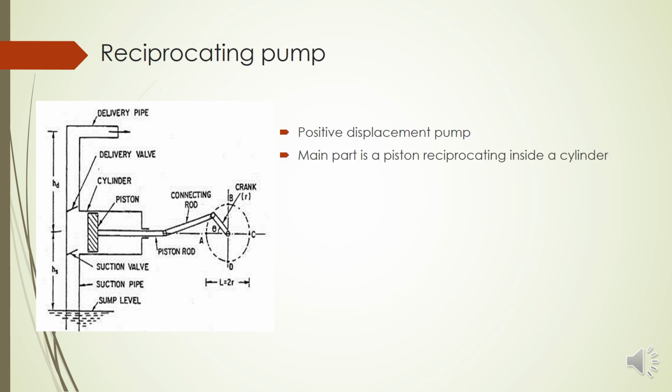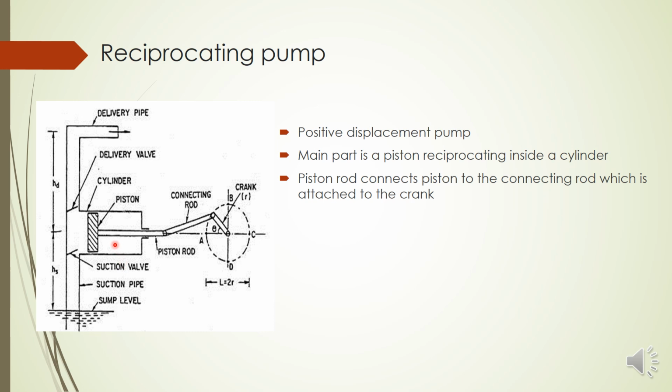So what are the parts? The main part is this one, a piston reciprocating inside a cylinder. Just like an IC engine, here also the main part is a piston. This piston is reciprocating inside a cylinder. So this is the cylinder. The next part is a piston rod.